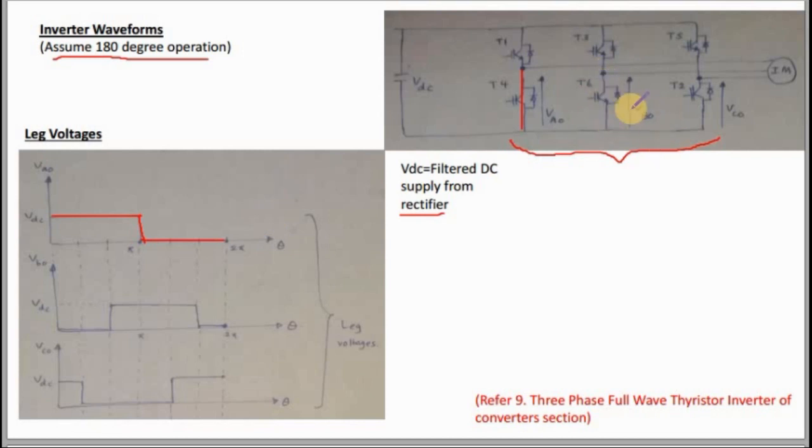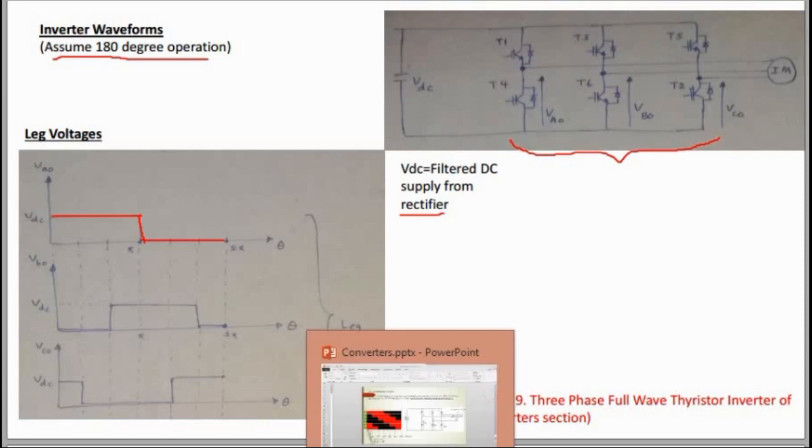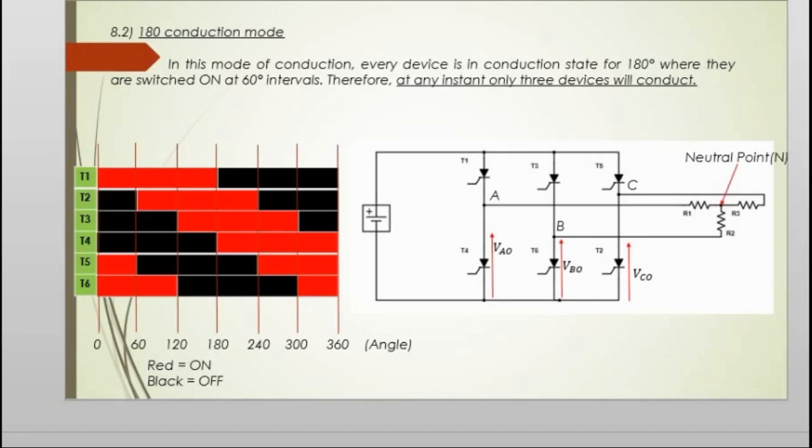Now if you take VBO, what will happen? So you need to check the state of T3 and T6. So let's check that one.